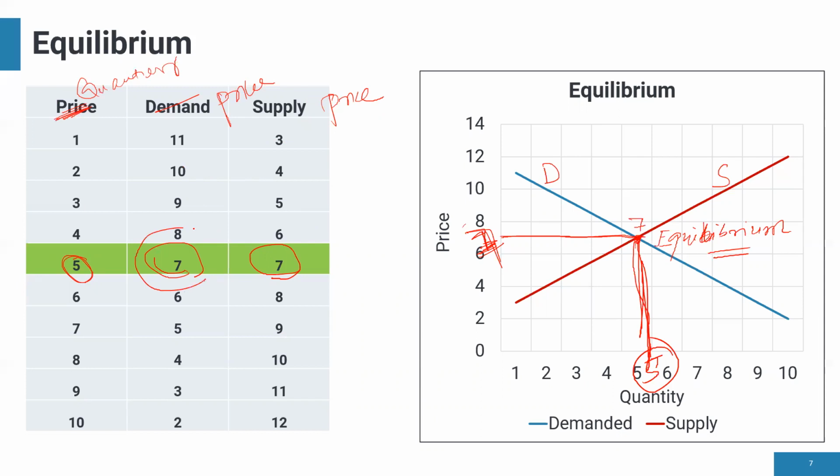So here, at 7 and 7, the quantity demanded is 4. You see at this point your market is in equilibrium, because there is no excess demand and there is no excess supply. So this is how it works, right?